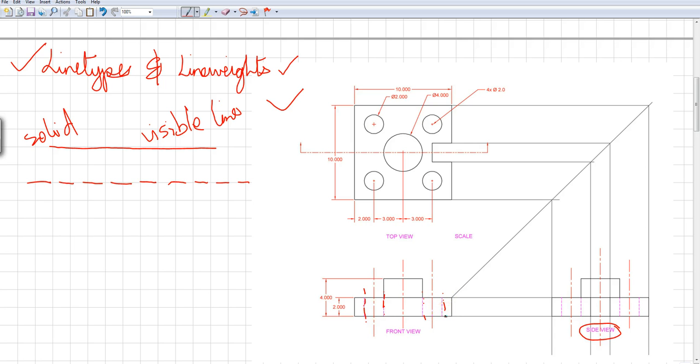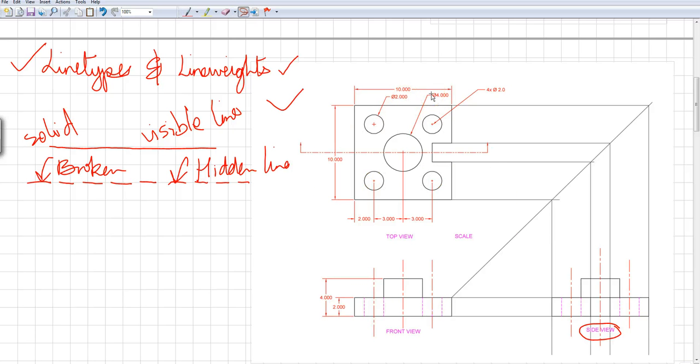And these hidden lines are for these circles or these holes. Not the circle, it's a 3D object, so these holes. So it is called a broken or hidden line. Okay, I'm going to erase that now.